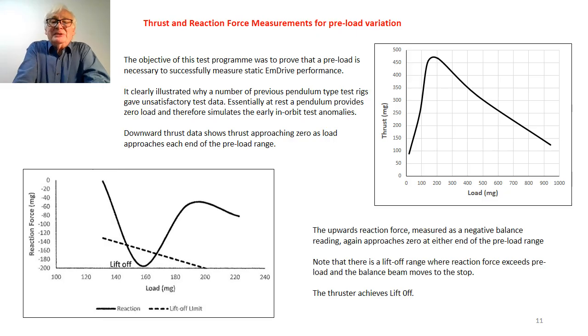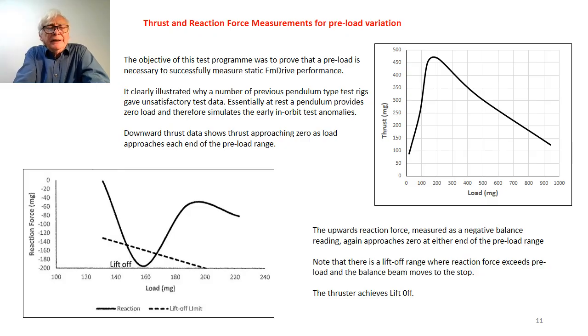The beauty of this particular set of measurements was that we were actually attempting to get the thruster to lift off the balance, which it did, which we were very pleased to see. You can see that at maximum reaction force, so around about minus 200 milligrams, it actually lifted off the electronic balance pan itself and moved to the fixed stop on the other side of the beam.